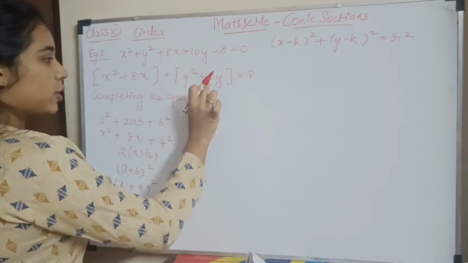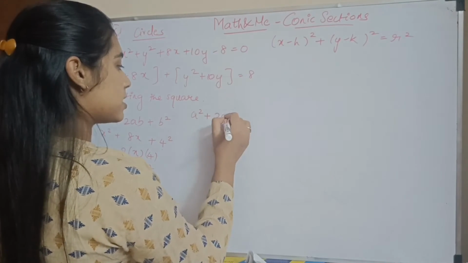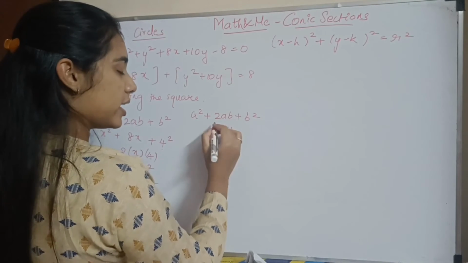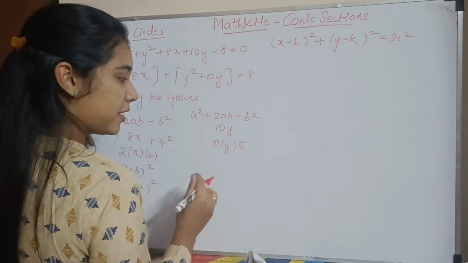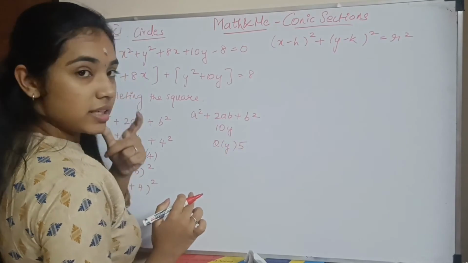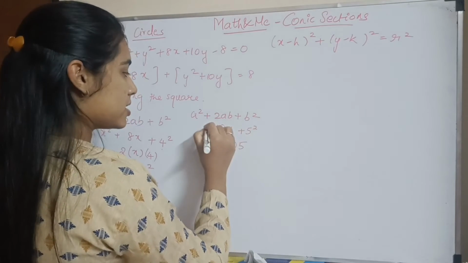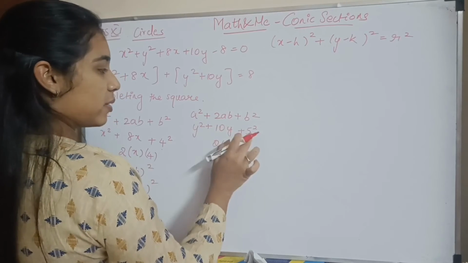Similarly, what do I do with this term? Here it's again a square plus 2ab plus b square, where my 2ab is 10y. How can we write this? 2 times y times what is remaining? 5. 5 twos are 10, so 10 times y. So what is my b? I'll be getting 5 square. So it is y square plus 10y plus 5 square.